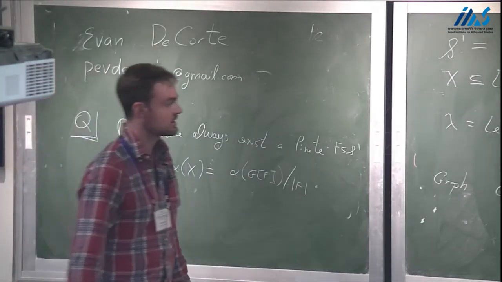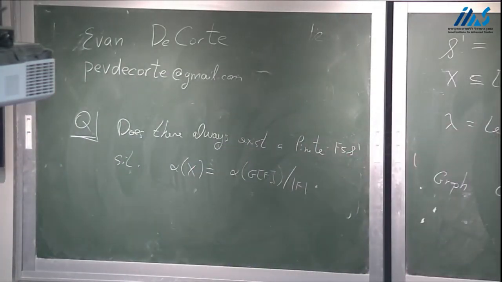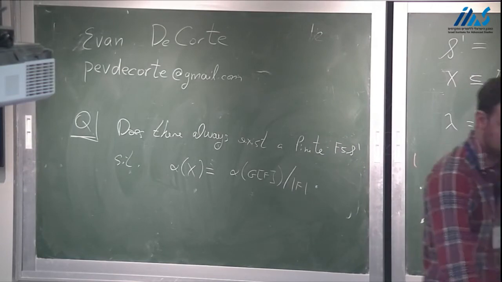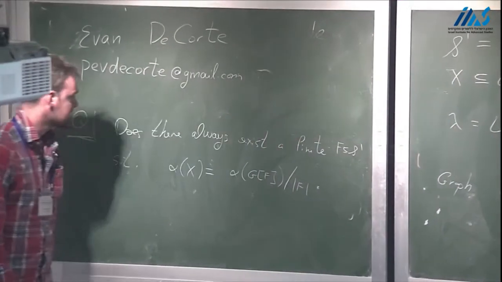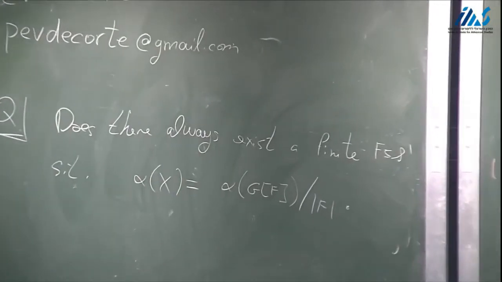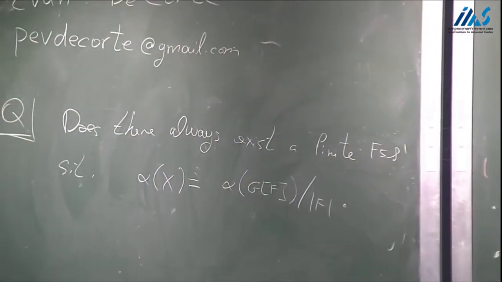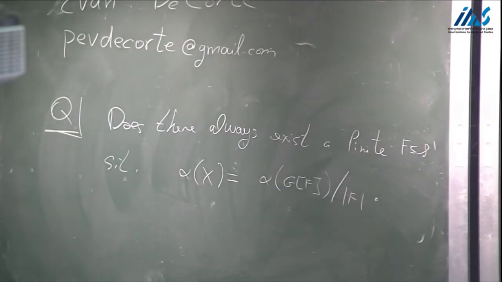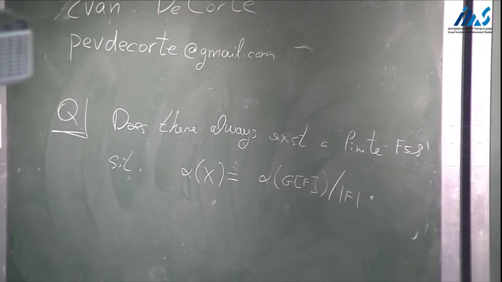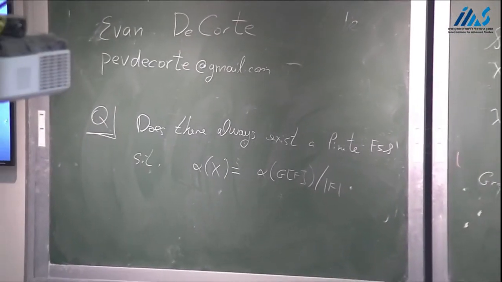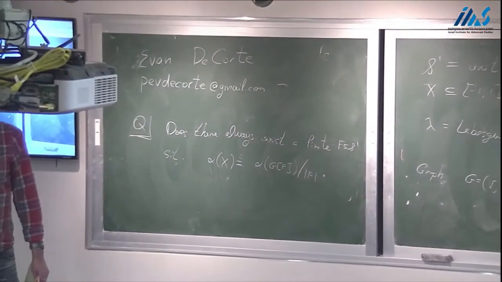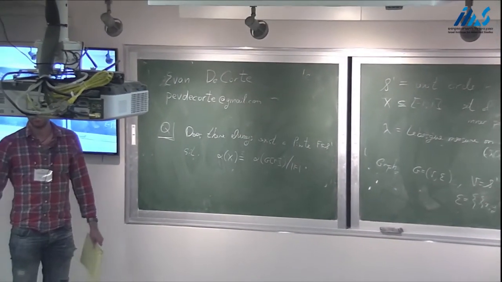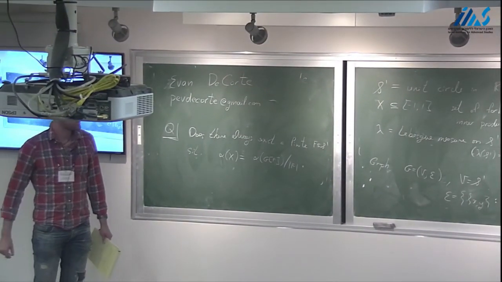So we have a way to get upper bounds on this alpha of X: just look at finite subgraphs. And the question is, can I always find the exact number with some subgraph? I can tell you that it's not true in general. If I have time, I can say more about what's known, but I think I'm probably finished. If you want to know more about it, talk to me.